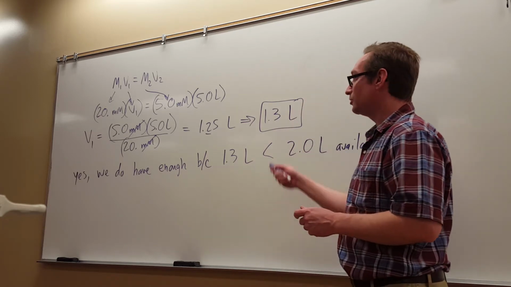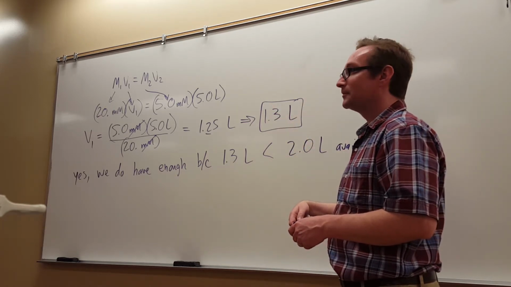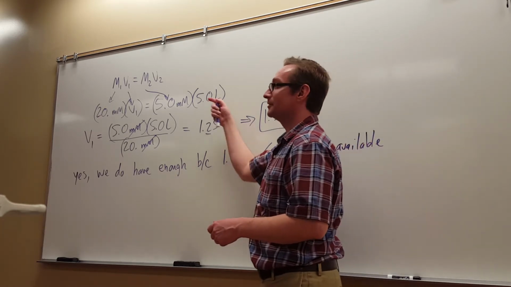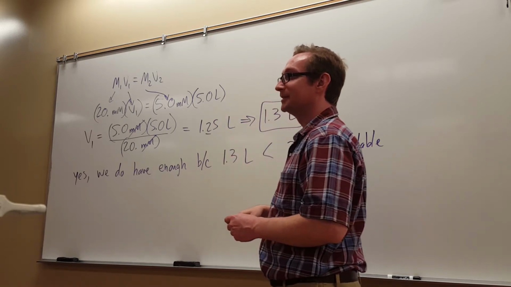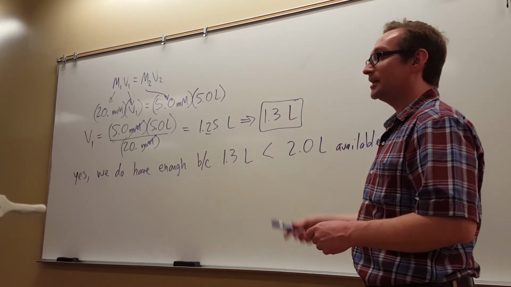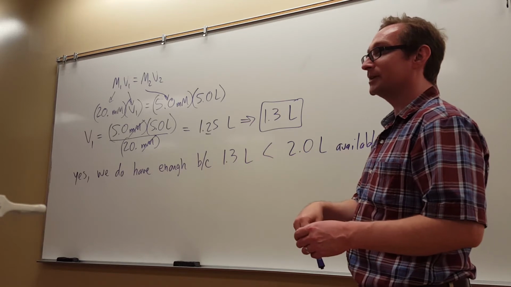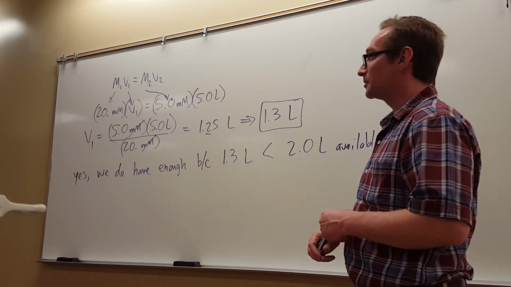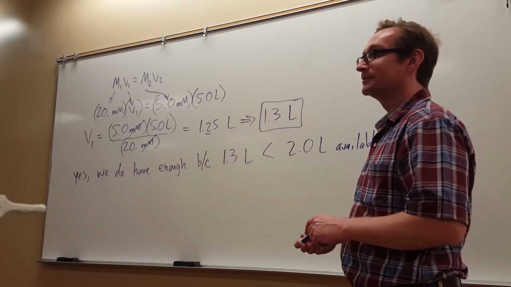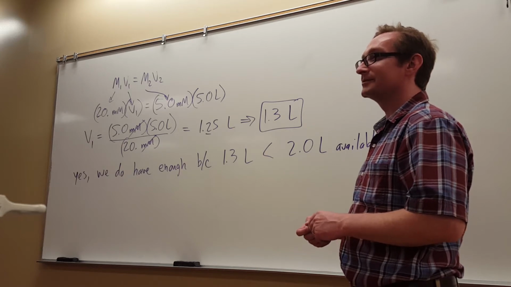You would take 1.3 liters of the stock. You want a final volume of 5 liters, so you take 1.3 and add water to it. How much water do you add to it? 3.7, right.